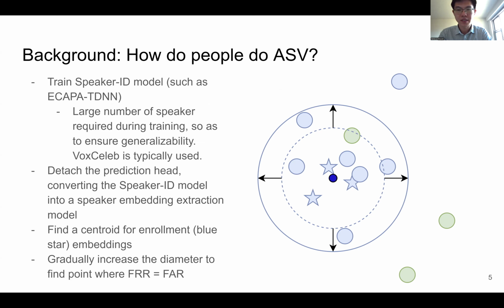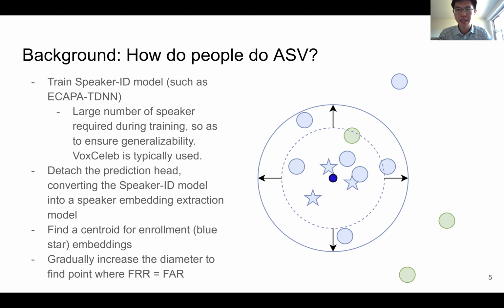By increasing the cosine distance threshold, which is the circle shown in the diagram, from the dashed line to the solid line circle, we eventually end up with a threshold which gives us the minimal difference between the false rejection rate and the false acceptance rate.